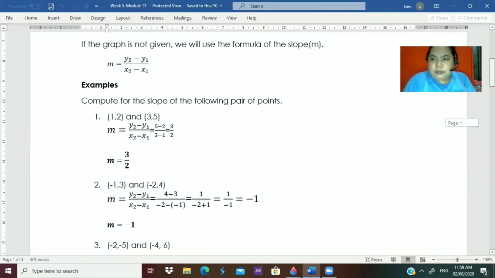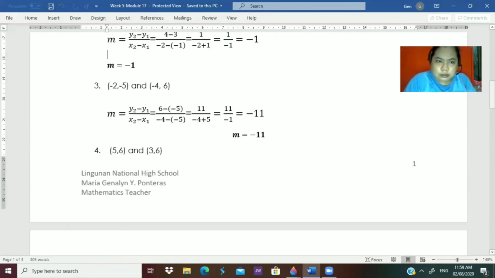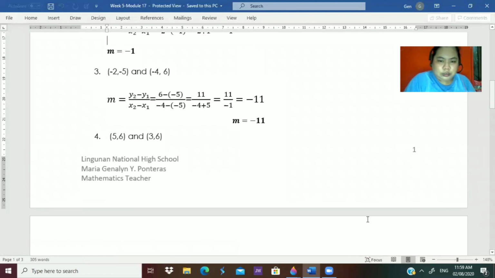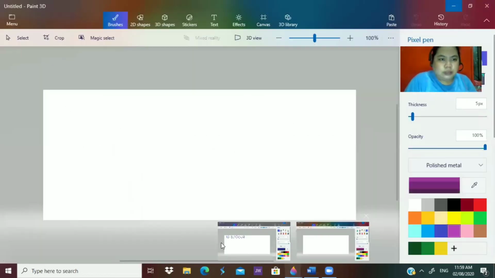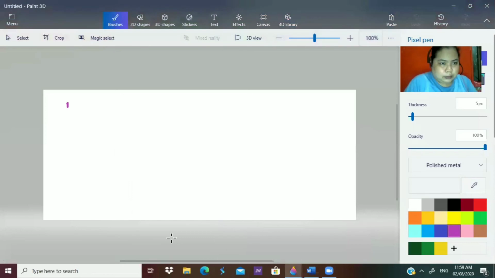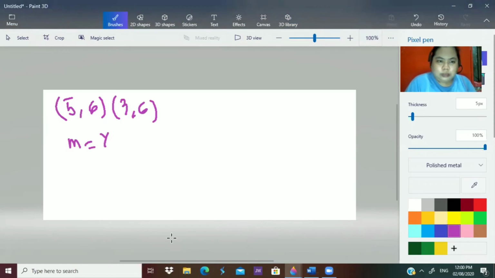Ayan, 5, 3 and 3, 6 ba? 5, 6 and 3, 6. I-solve nga natin sa kanila to. 5, 6 and 3, 6. So slope natin is y sub 2 minus y sub 1 all over x sub 2 minus x sub 1 equals, so here is y sub 2, here is y sub 1.